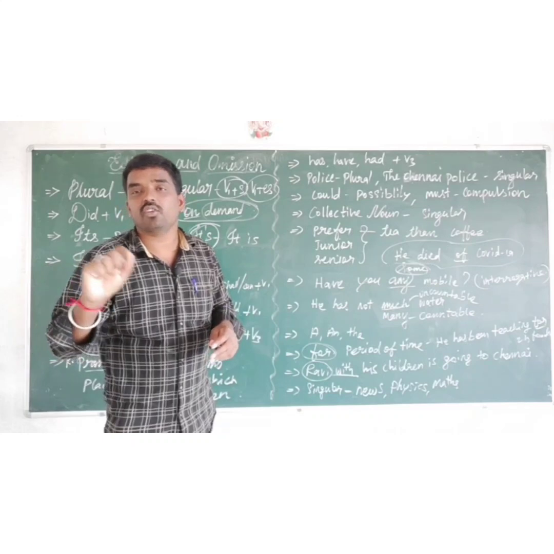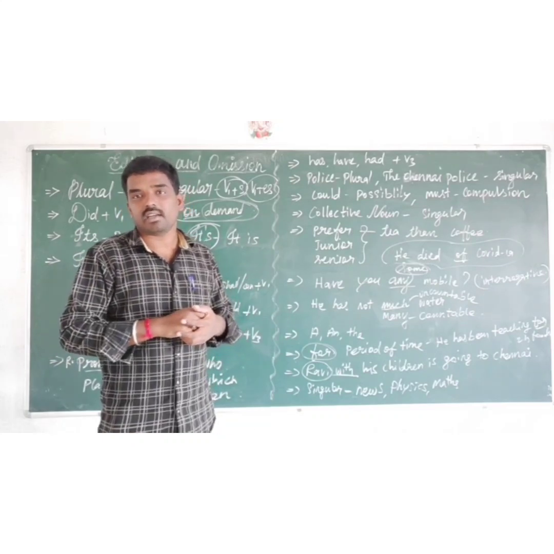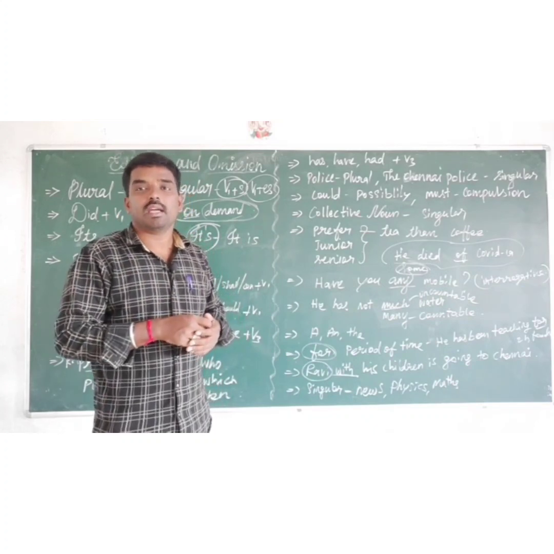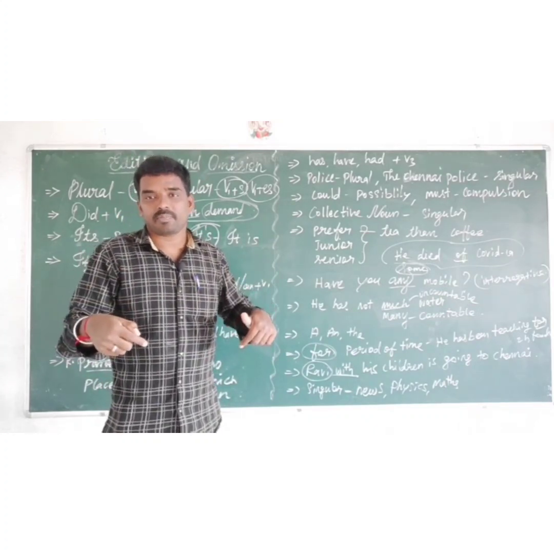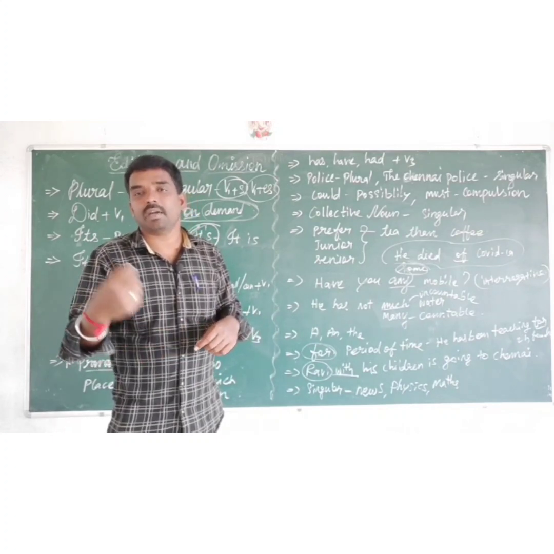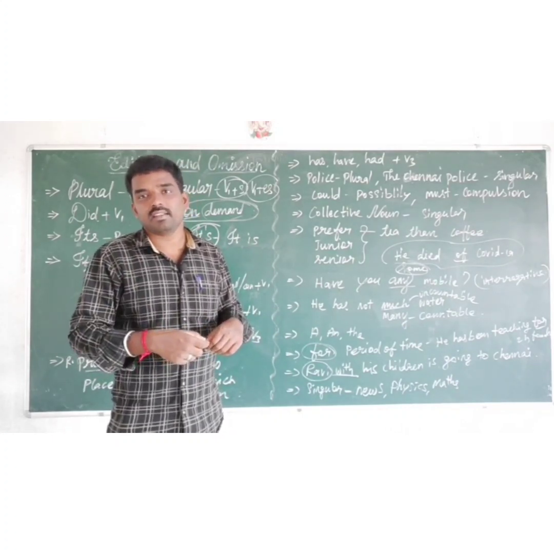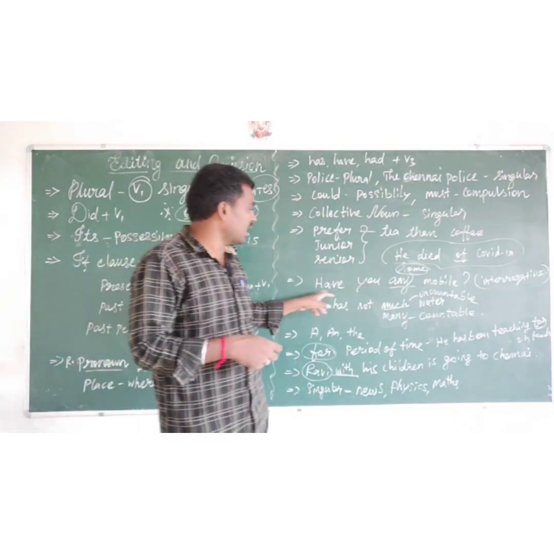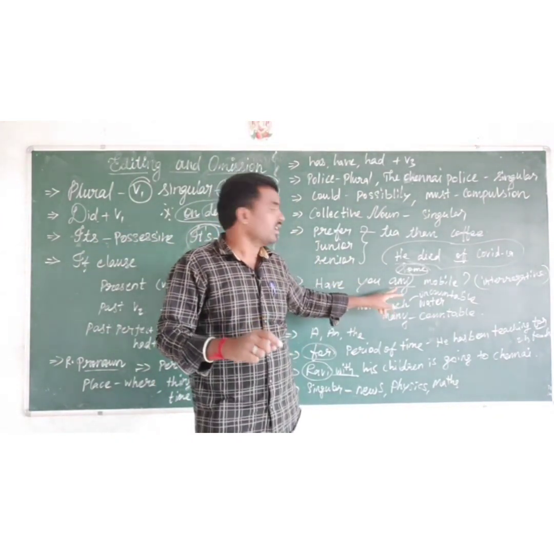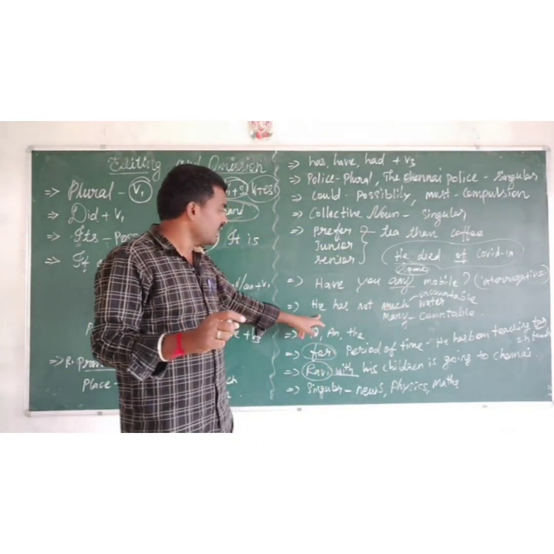We cannot say have you some mobile, that is wrong. In interrogative, we want to use any. At the same time, in a positive sentence, I have some money. We can say that. For interrogative, we want to use any, not some.